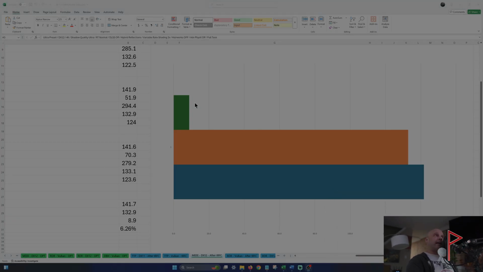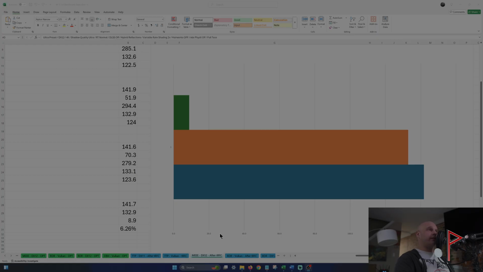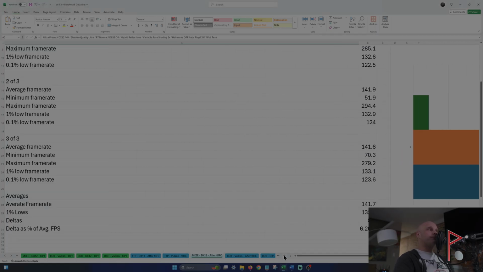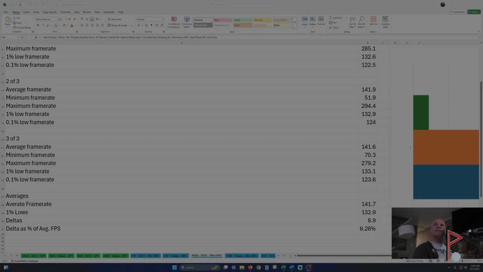Again, there's zero chance of microstuttering when you've got that small of a difference between average FPS and 1% lows. About 140 frames per second and a delta of 6%. Bring it over there so you can see it. 6%.